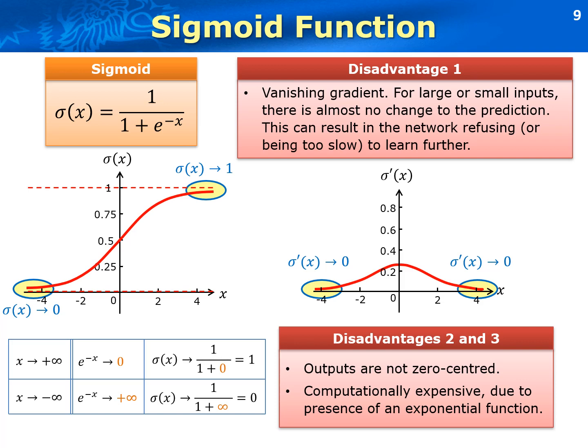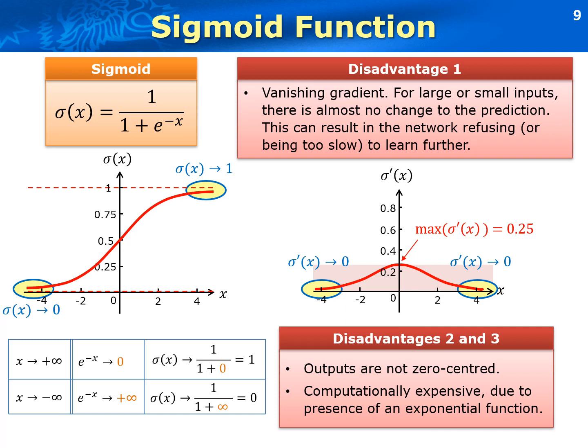This is due to the existence of the exponential function in its formula. From the graph, we also observed that the maximum value of the sigmoid derivative function is much smaller than 1, leading to its output range being very narrow. This is another disadvantage of the sigmoid function.